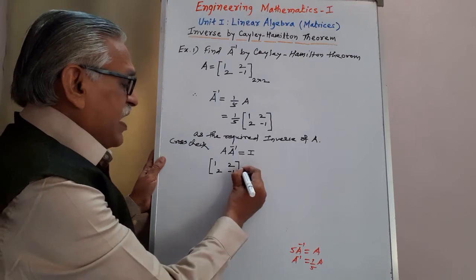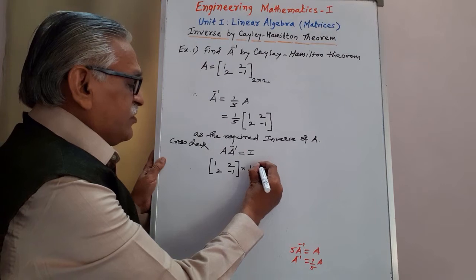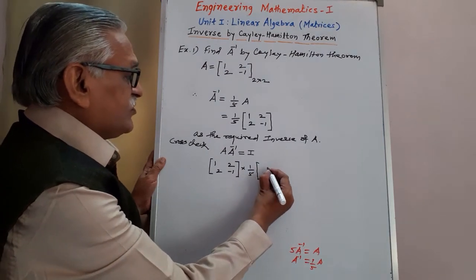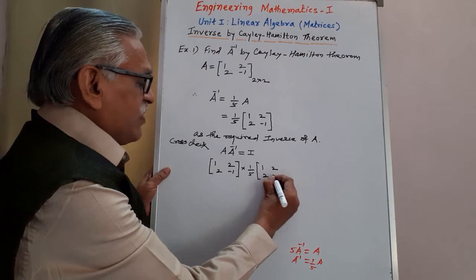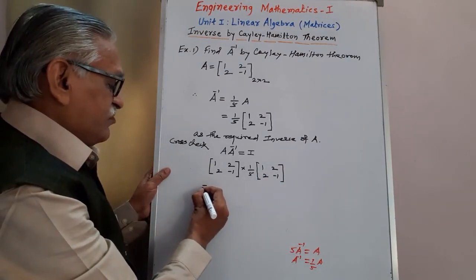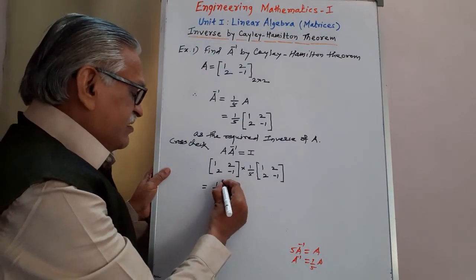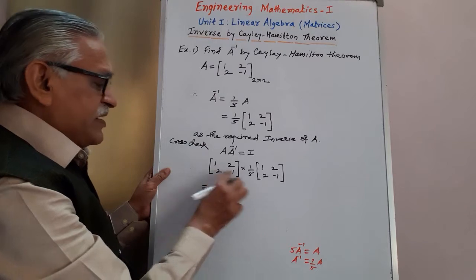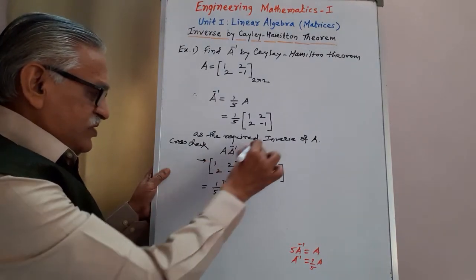It is multiplied by 1 by 5 into the elements 1, 2, 2, minus 1, and that equals 1 by 5, I will take outside, and then multiplying this matrix by this matrix, as usual we multiply a row by a column.